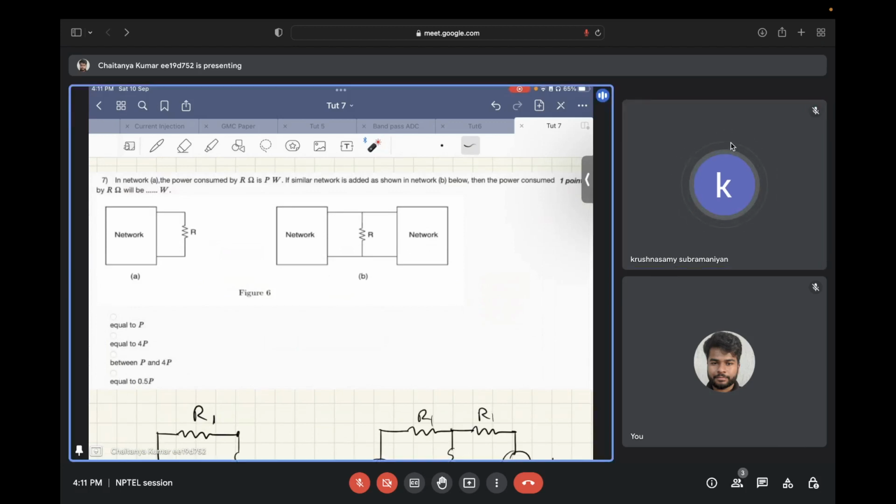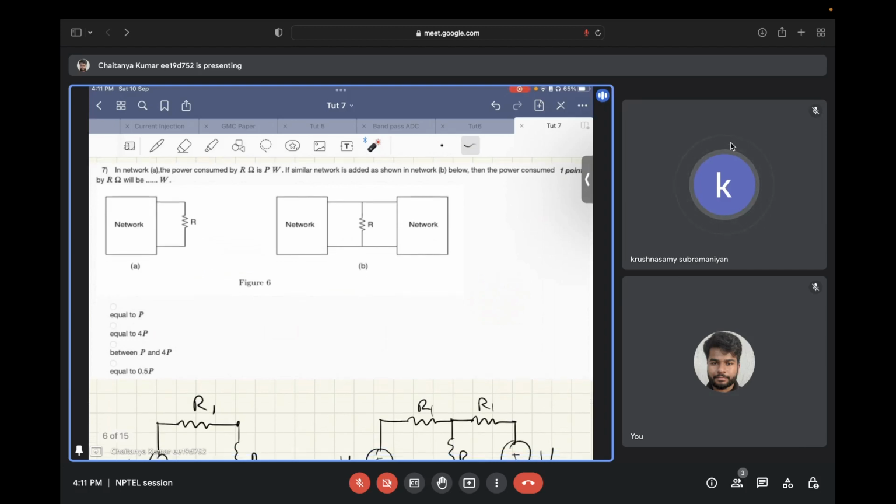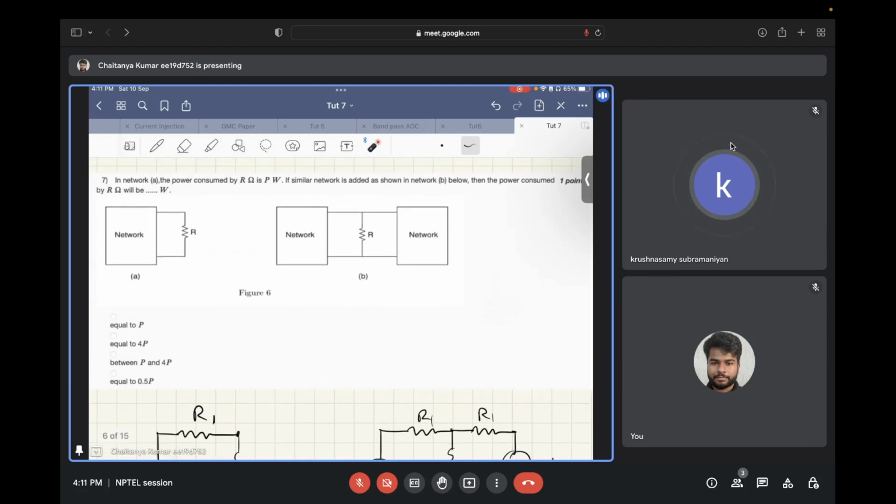In this problem, we have two cases. First, there is a network connected to a passive resistance R, and it is said that in this case the power consumed by this resistance R is P watts.